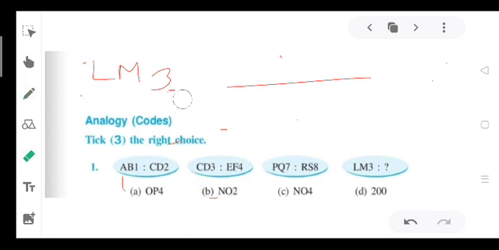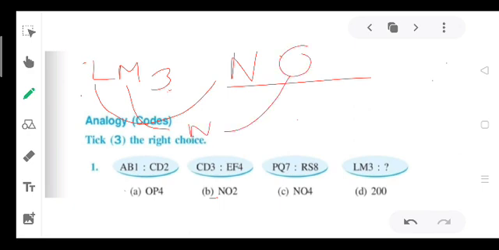We have to skip one letter, then write the next letter. So L, M we will skip and we will write N. Here M, N we will skip, next we will write O. And 3, its next forward number is 4. So our right answer is NO4. So C option is right.